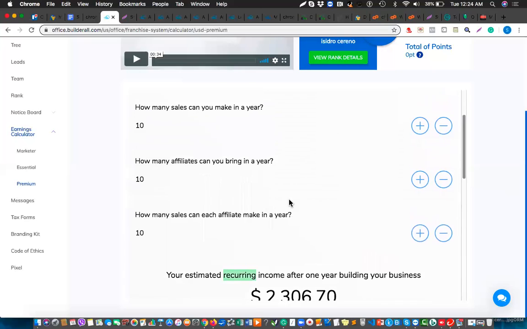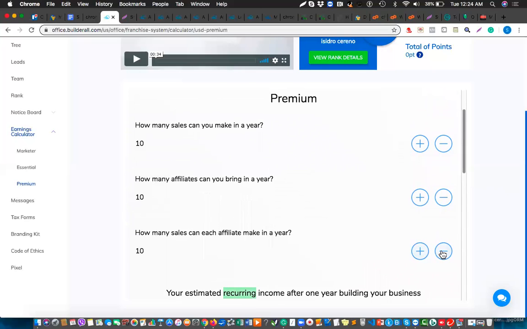So to make things simple, rather than going so hard, let's talk in a more simple manner. Now this is the long-term goal that I've guided you. Let's say you just have to make one sale of Builderall this month, and then help that person make two sales.